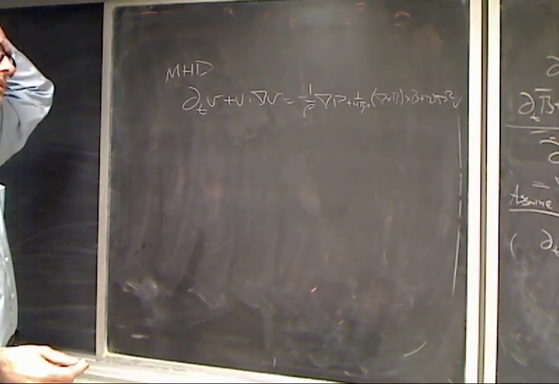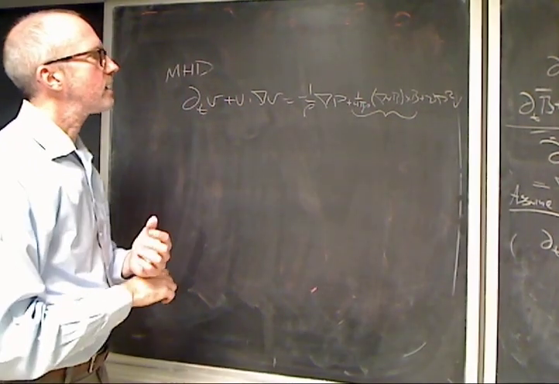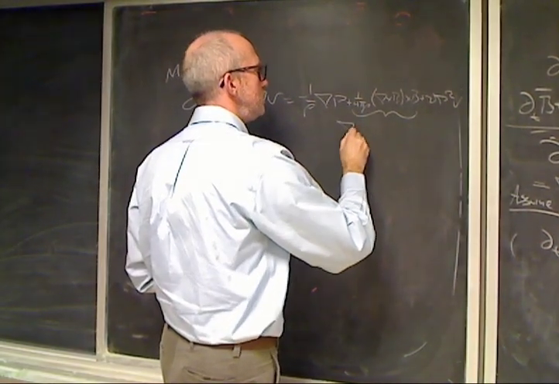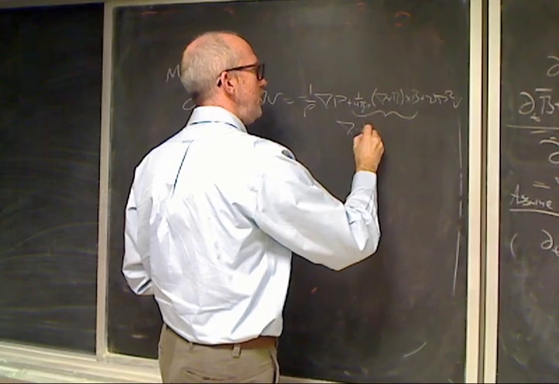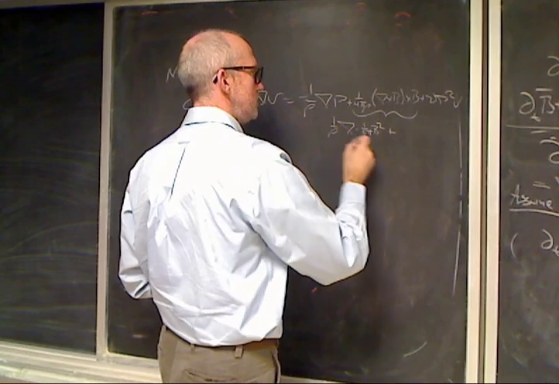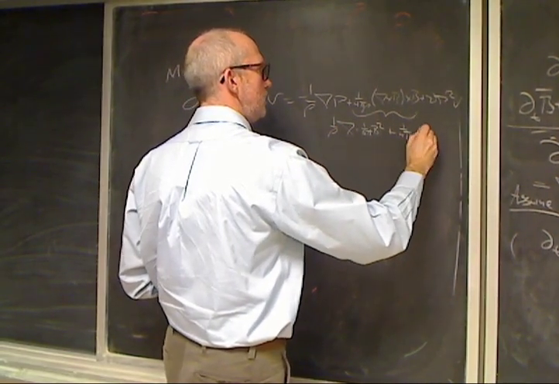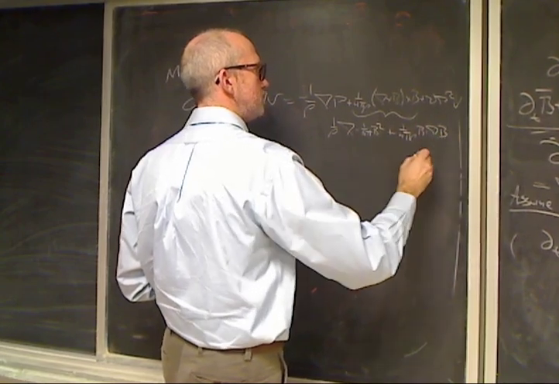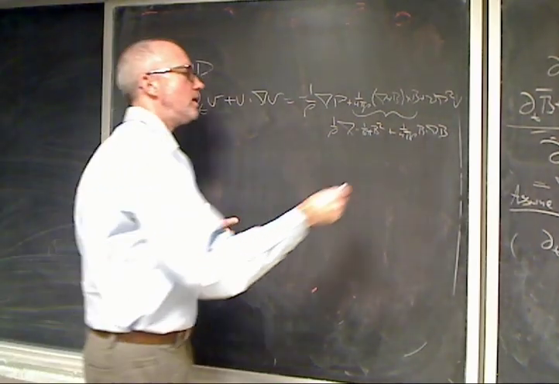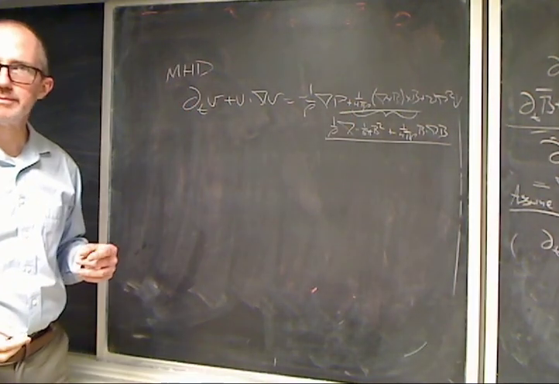So it's just like the induction equation. You just have to remember this part. And this part we can also write as grad of 1 over 8 pi B squared, plus 1 over 4 pi rho B dot grad B. I would recommend that you think about both of these ways to write this down.